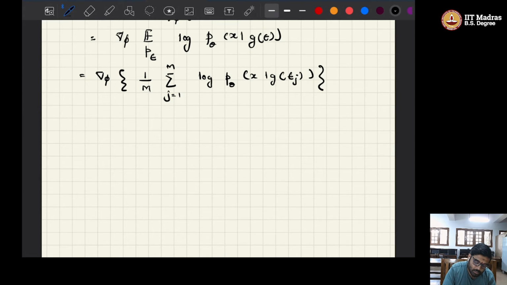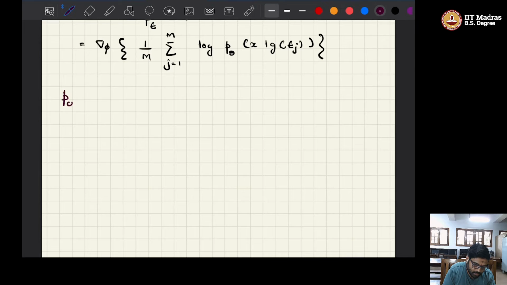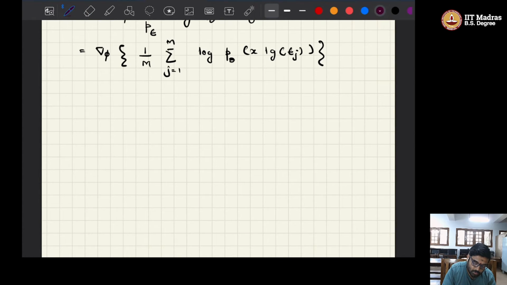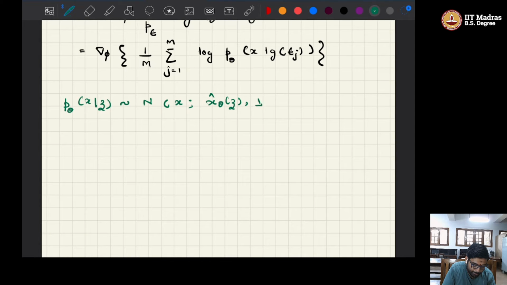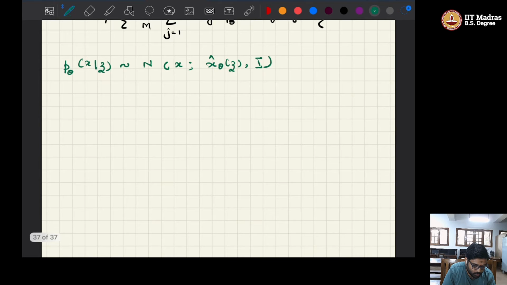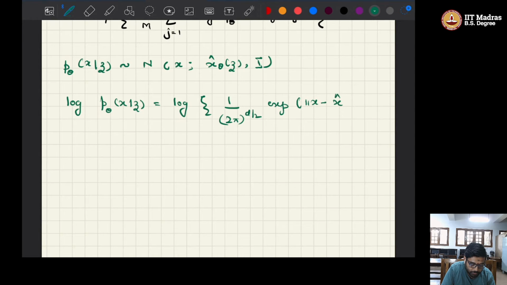So now we know that p theta of x given z that we have is from the distribution normal x cap theta of z comma I. Now we are fixing this distribution, because of which your log of p theta of x given z equals log of 1 over 2 pi to the power of d by 2 times exp of the second norm of x minus x cap theta of z.